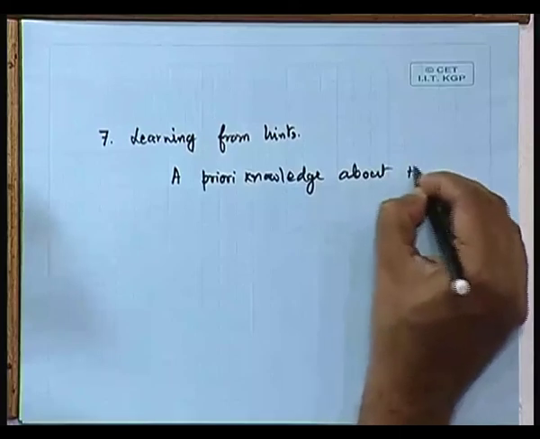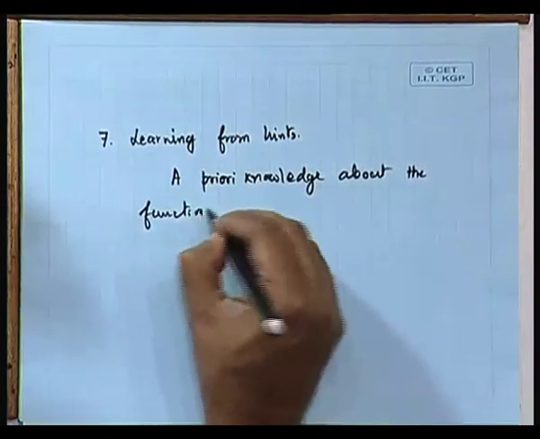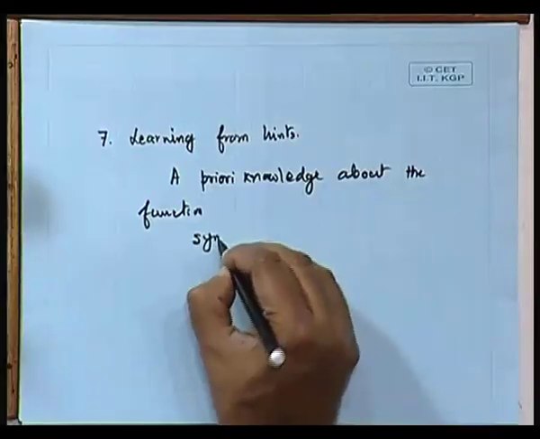We may not know the exact mathematical relationship describing the function, but we may be referring to some properties pertaining to the function. We may have an a priori idea about that. Properties in the sense, let us say symmetries.